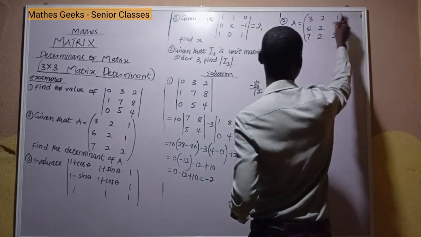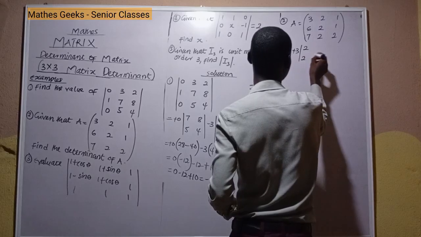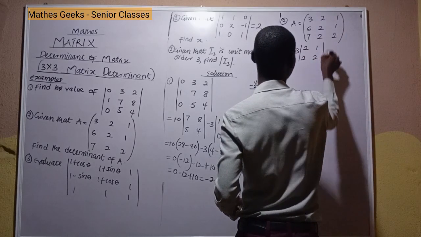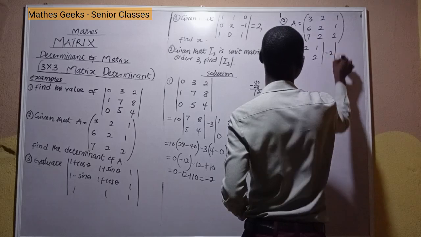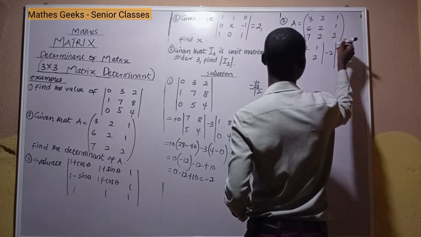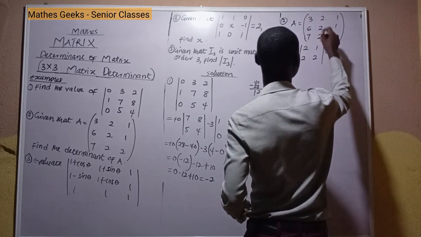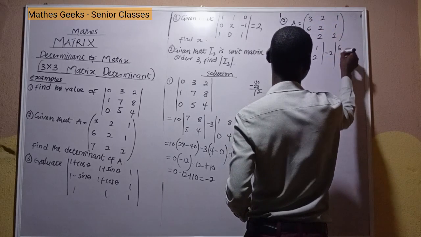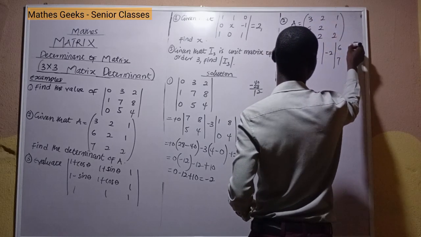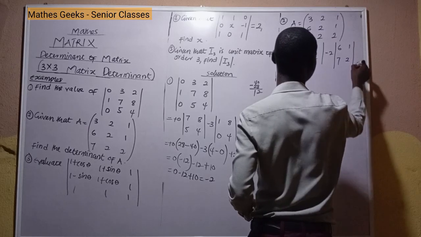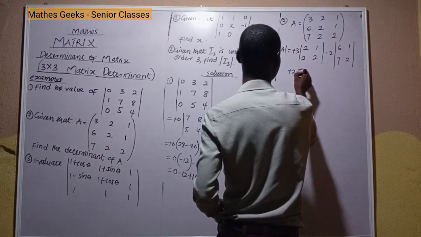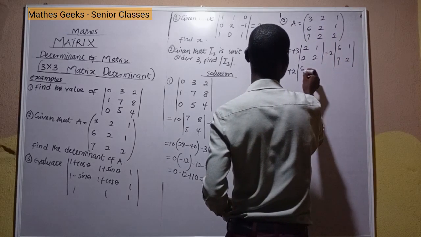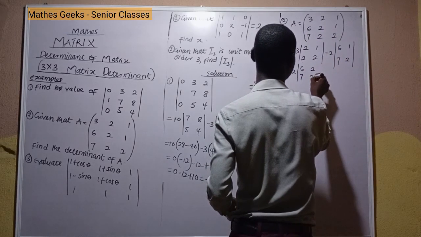Next, elimination goes: 2, 2, 1, 2, minus 2. First row and second column is 6, 7, 1, 2, and plus 2. First row and third column is 6, 7, 2, 2.